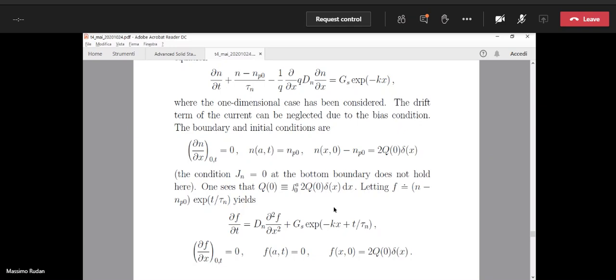And the conditions in space are that f at a is 0, and the derivative of f with respect to x at the surface is also equal to 0. Okay, so we have to solve this equation.